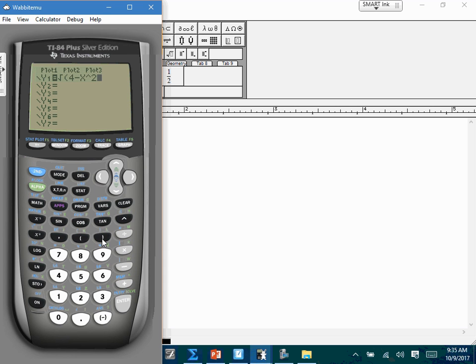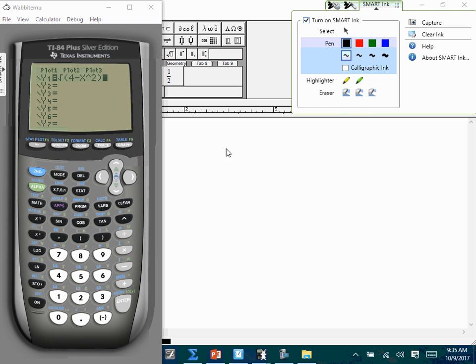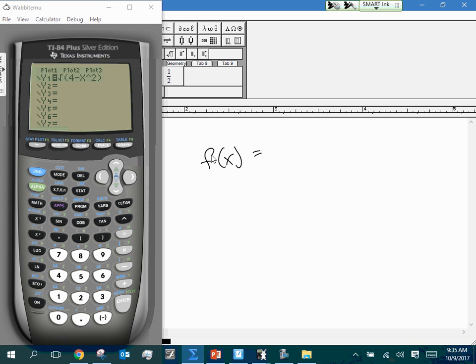Now, what gets you in trouble is that I could graph this, and it'd be right just the way it is, but I need to understand that I need to put parentheses to enclose everything that should be underneath that radical. Does that make sense? Because there will be a situation where we have f of x equal to the square root of 4 minus x squared, but then we want plus 3.